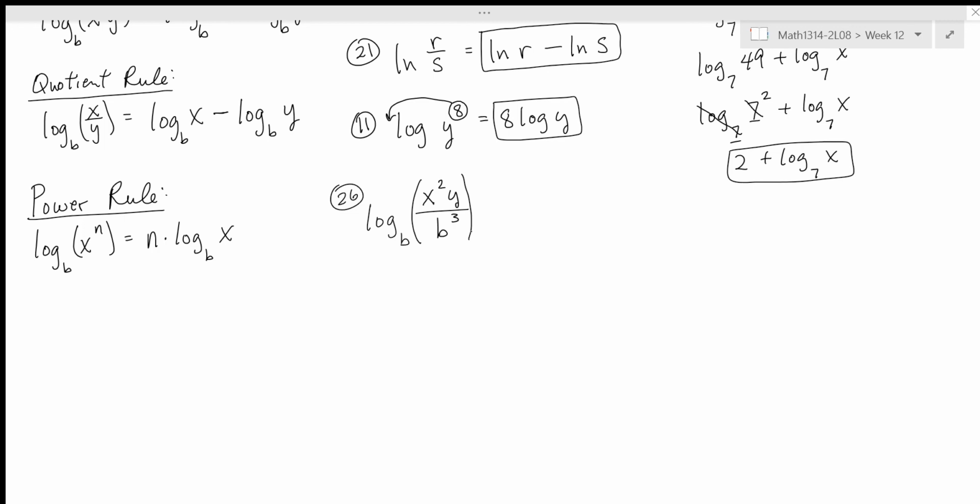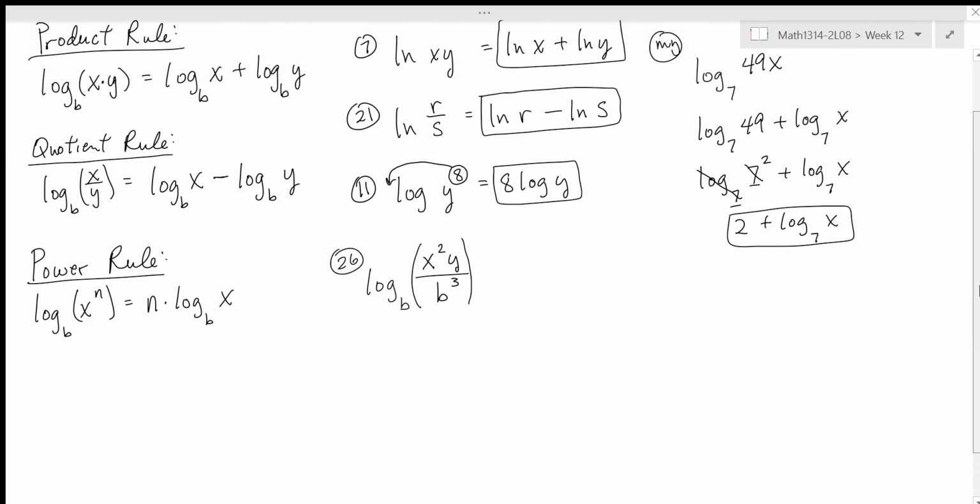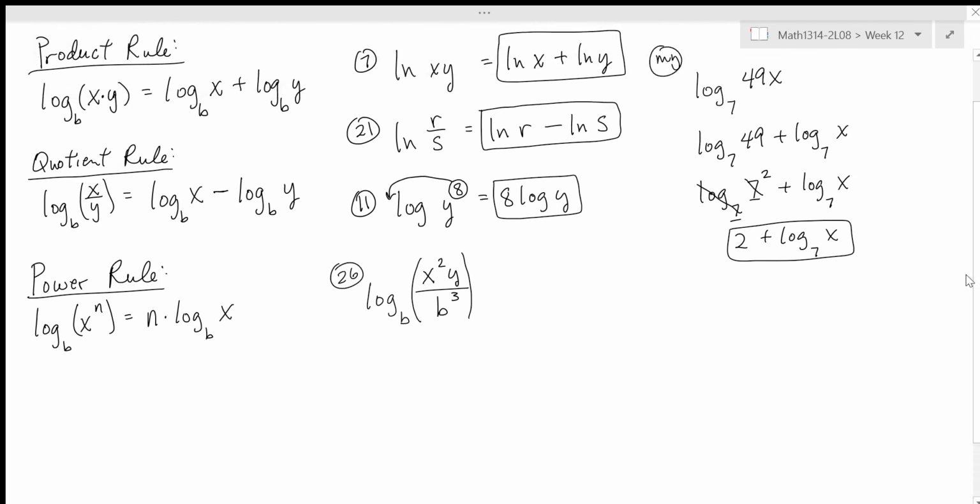Okay. So in this problem, do you see multiplication, a fraction, or a power? Okay, power. There's a couple of powers. There's multiplication. Is there also a fraction? Yes. Oh my gosh, we've got all three rules this time. And so you're going to need to know in what order to do them in.